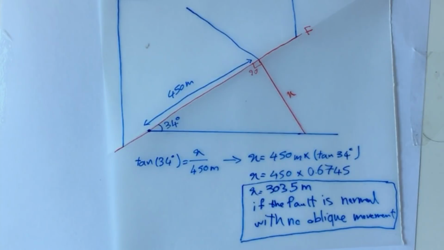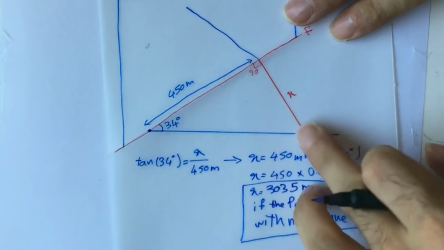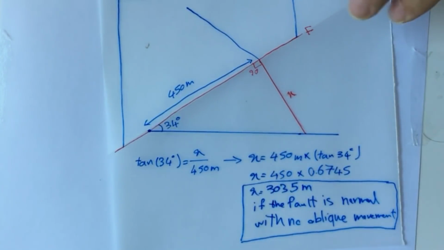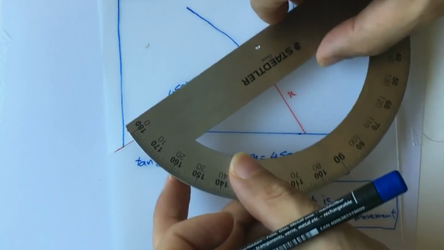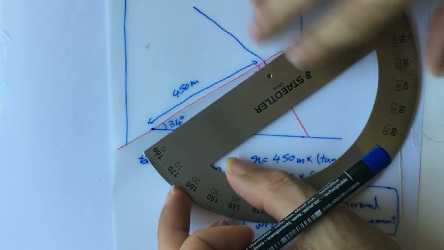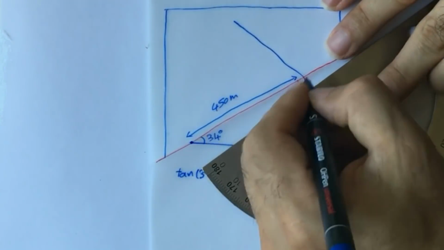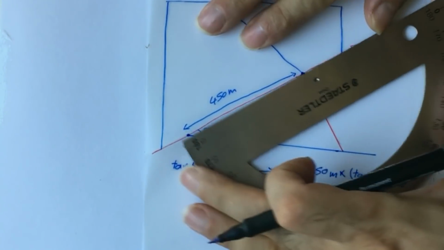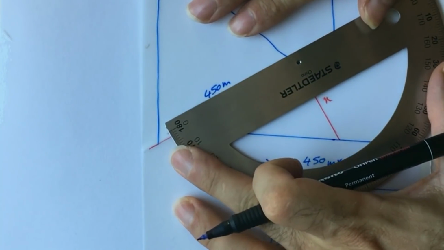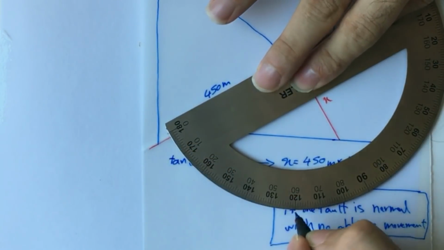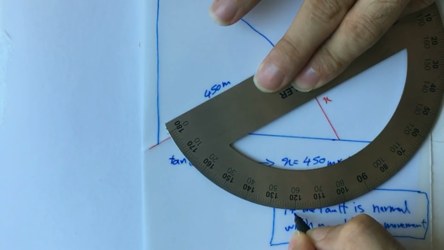The second portion of the question asks how much the slip movement is if the rake of the fault is 60 degrees. What we calculated here was for the rake of 90 degrees, which is the pure normal fault. If we are supposed to calculate for 60 degrees, you find the 60 degrees here. This is my 60 degrees.